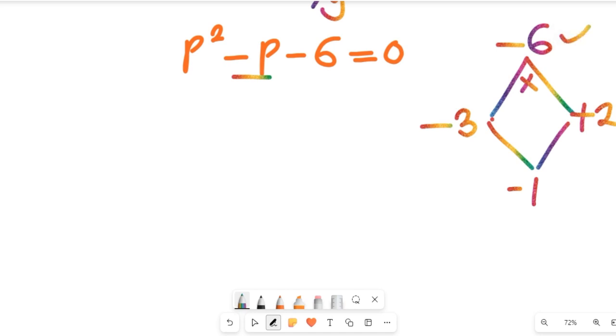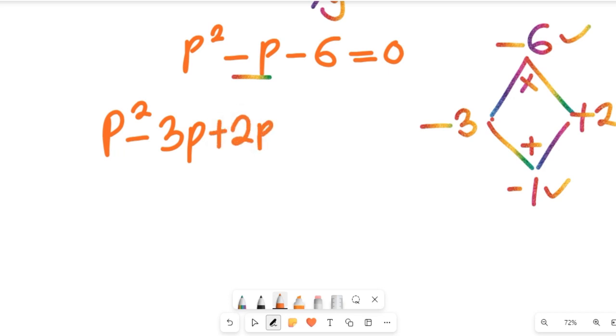Now, minus 3 plus 2 is going to give us -1. So the two values are minus 3 and plus 2. So we'll have p squared minus 3p plus 2p minus 6, and this is equal to 0.